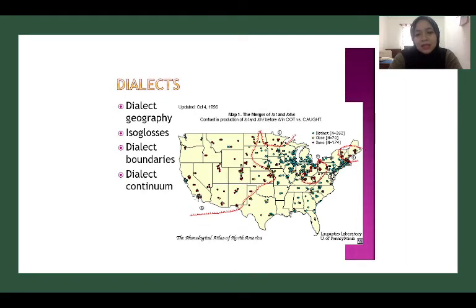When we identify these dialect boundaries, like the red circle, it's not in a square shape. And the line in the middle here is not a straight line, because when we identify a dialect, it's not as precise as numbers. It's not as sharp.